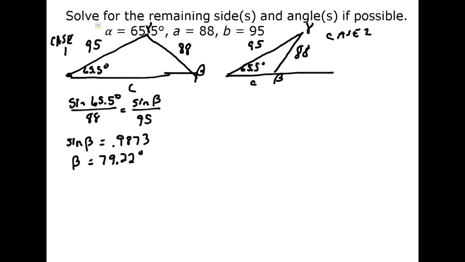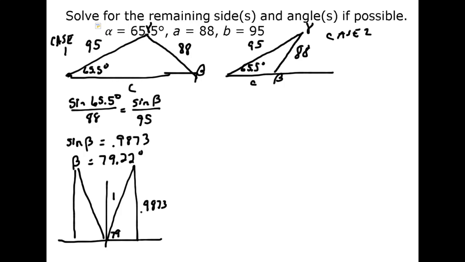Now the thing is, there's two angles whose sine is 0.9873. There's the 79 degrees that we just found. I'll just put 79 because it's a tight fit here. So then opposite over hypotenuse is 0.9873 over 1. But in the second quadrant, there's another angle with the same reference angle, 79.22 degrees.